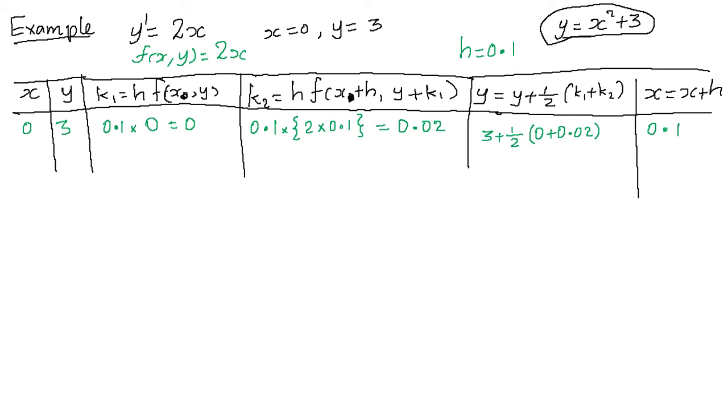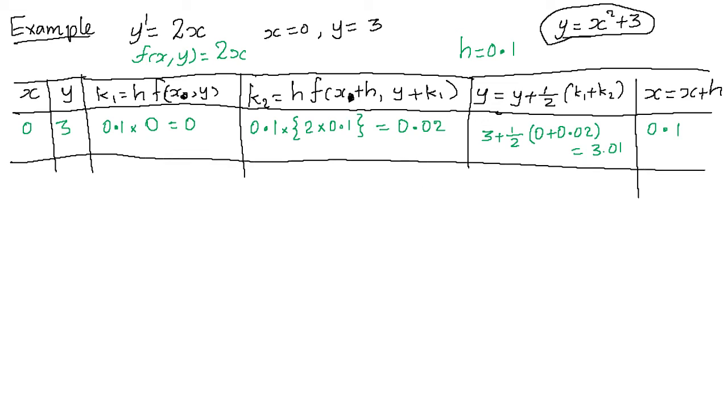So 3 plus 0.01 is 3.01. So this is the idea. We have started at x equal to 0 with y equal to 3, and we have traveled up to 3.01 at x equal to 0.1. So this is our new value.